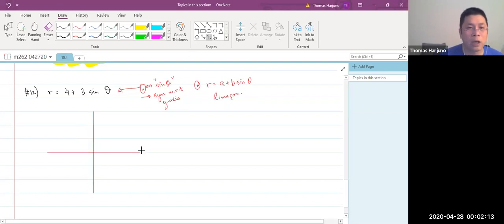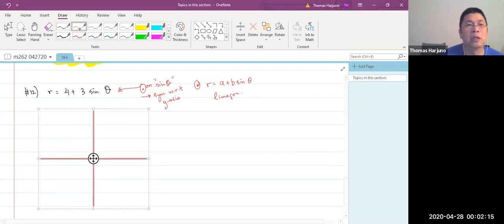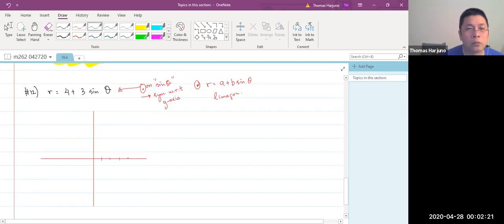It will look approximately like this. When theta equals 0, r is 4. When theta equals pi over 2, r is 7. When theta equals pi, r is 4.